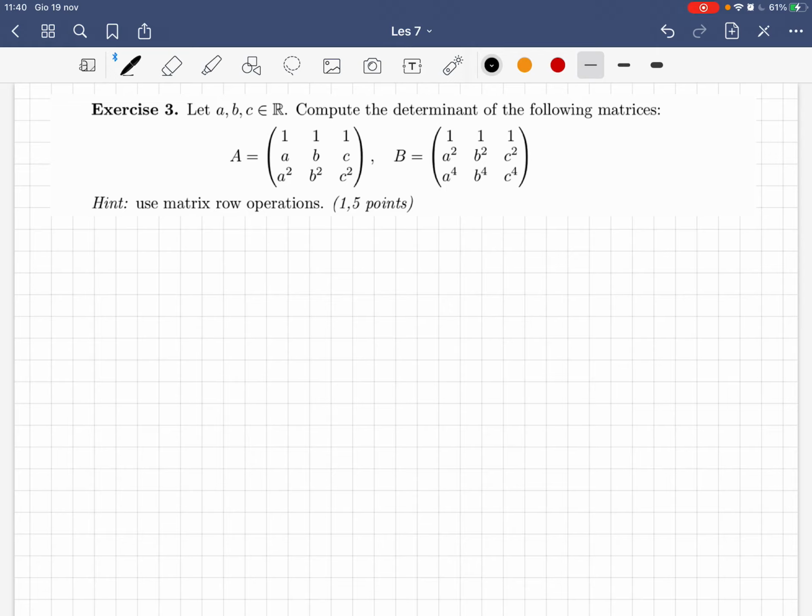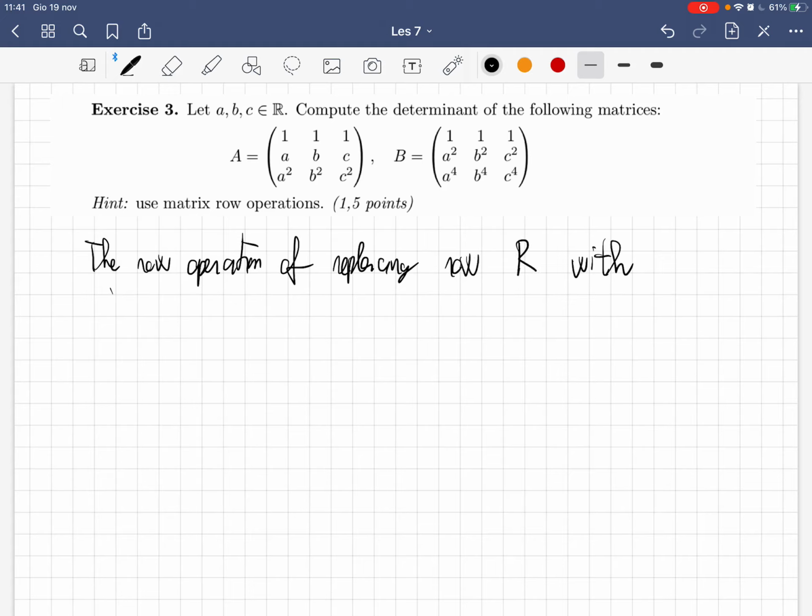And in this case, the nicest thing happens, because there is one row operation which doesn't change the determinant, namely the row operation of replacing, let's say, row R with R plus A times another row.